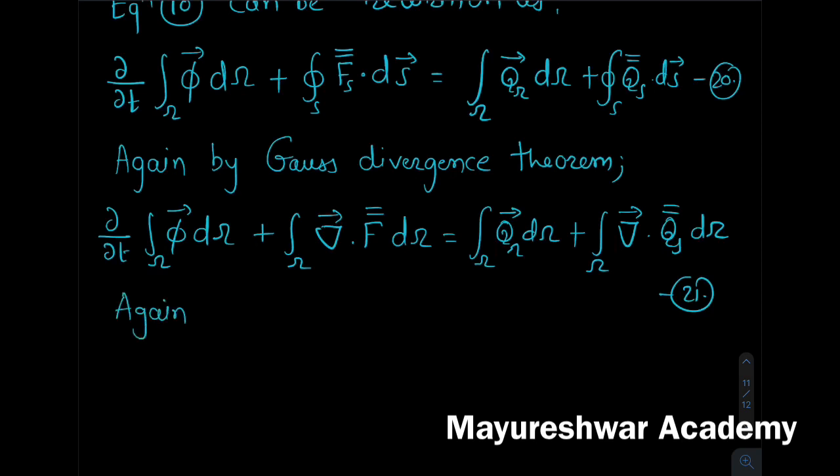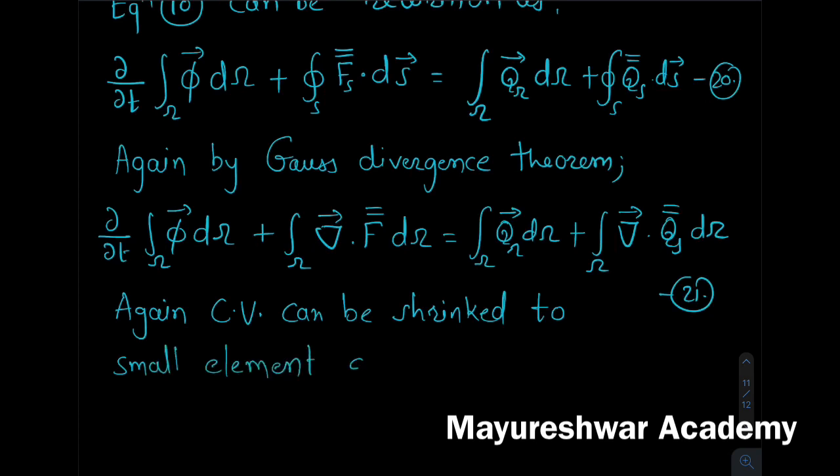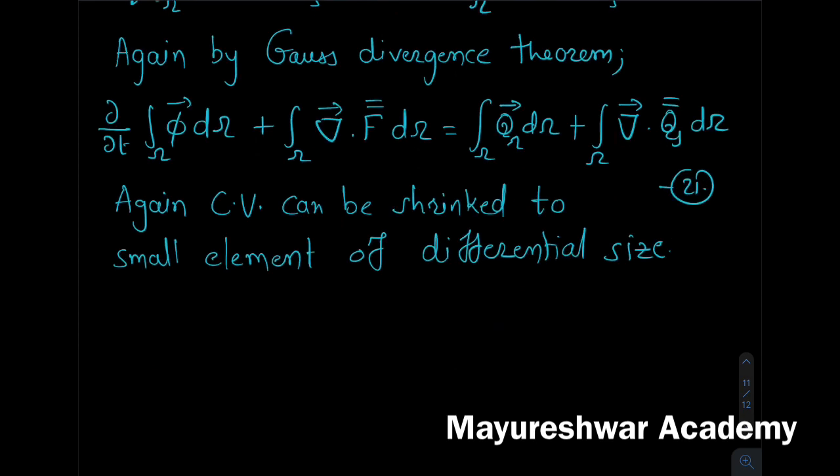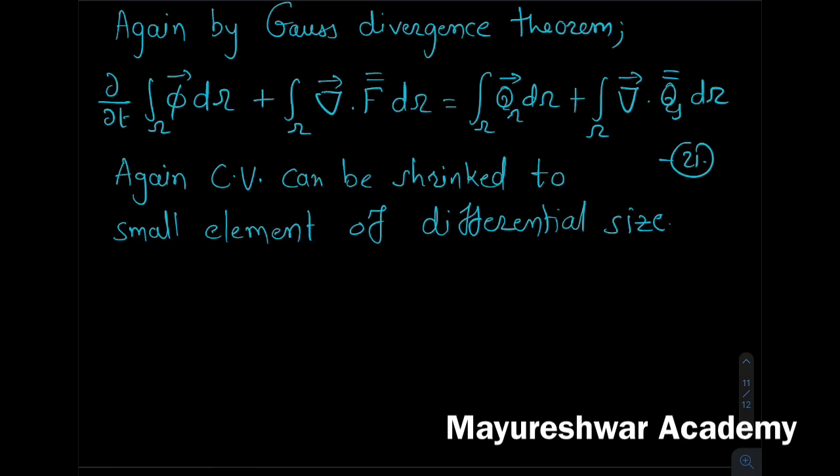Again, this control volume, the considered domain, can be shrunk to a small differential element, that is, dx dy dz tending towards 0.